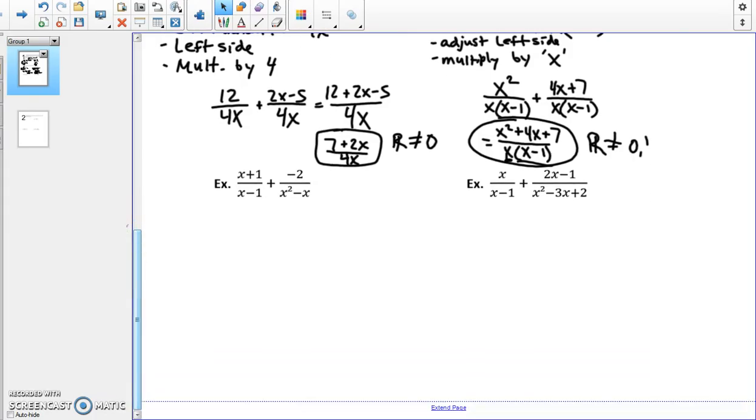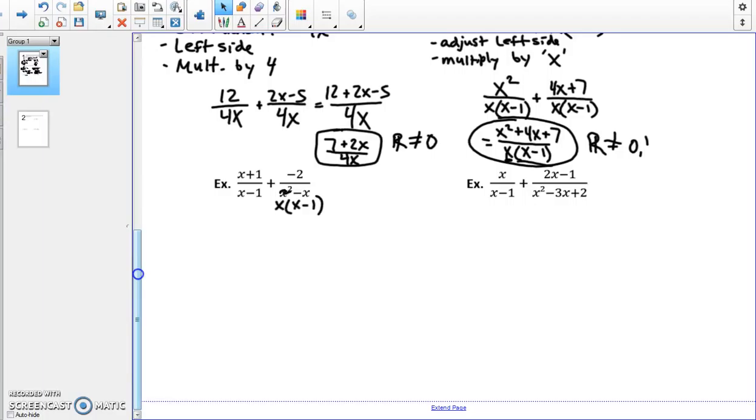Let's look at the next one. x plus 1 over x minus 1 plus negative 2 over x squared minus x. Alright, so the first thing that jumps out to me here, hopefully we're in the habit of this from the last section, is factoring. On the left, x plus 1 over x minus 1, nothing changes there. But on the right side, I can factor this bottom by pulling out a GCF.